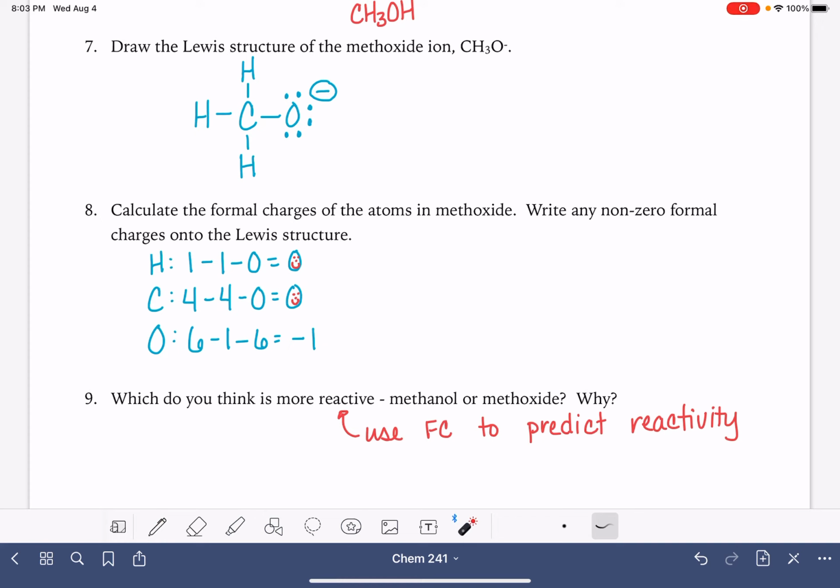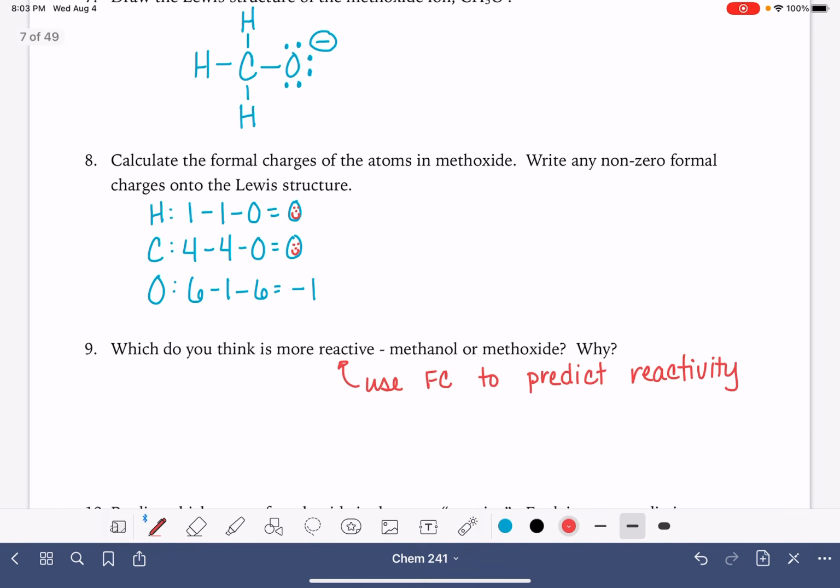But with methoxide, what we're looking at right here, we have an atom that has a negative formal charge. That negative formal charge means that the oxygen atom is not perfect. There's something off or a little bit wrong about the way oxygen is being bonded in this particular molecule. And that formal charge and that imperfection is what leads to instability.